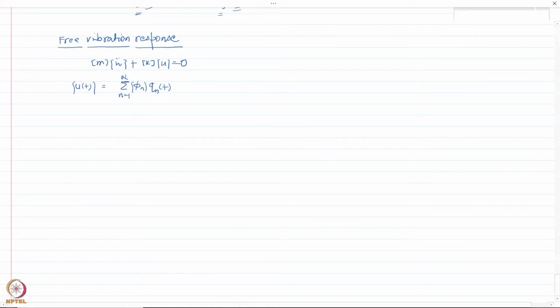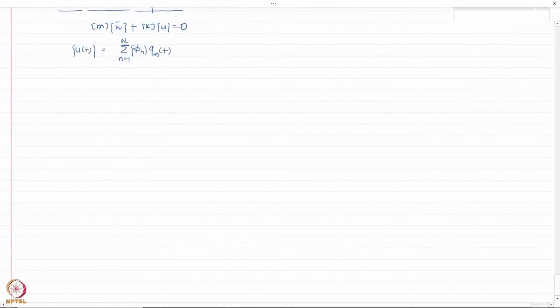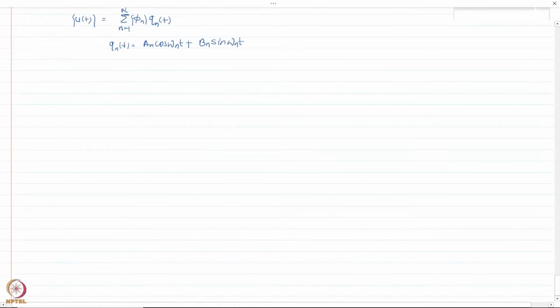We have previously said that because each mode shape responds in a harmonic fashion, the displacement qn of t, which is the generalized displacement or the time variation of that mode shape, can be written as an cos omega nt plus bn sin omega nt. Here an and bn are constants that need to be found out using initial conditions.